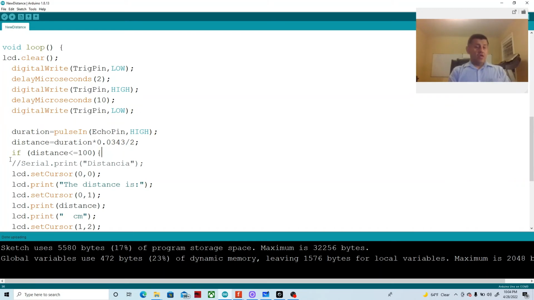So if the distance is greater than or equal to 100 centimeters, then LCD, set up the cursor at 0, 0, the first little place right there.